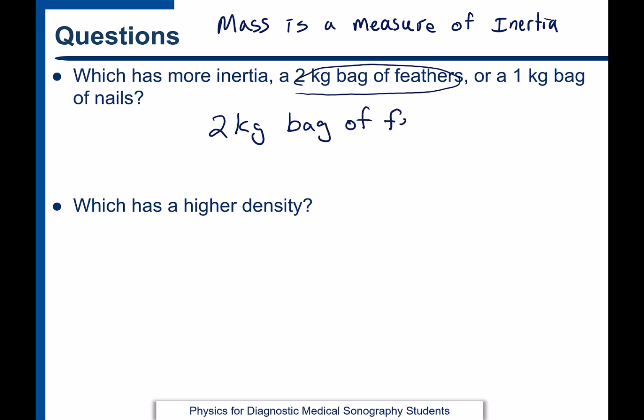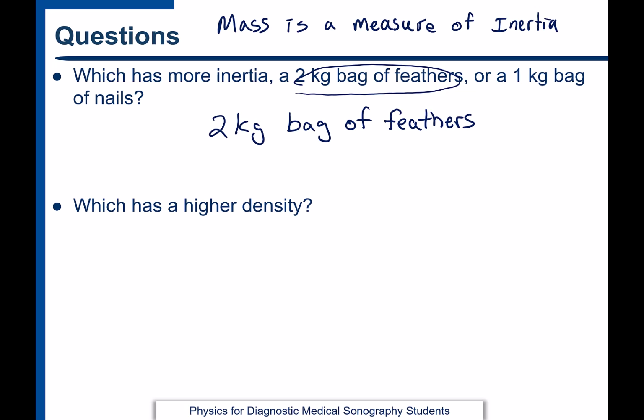Now, to get 2 kilograms of feathers, that's a lot of feathers. You'd need a really big bag, okay? Whereas a 1-kilogram bag of nails wouldn't have to be a very big bag. But if I've got 2 kilograms, that's more than 1 kilogram. So the 2-kilogram bag of feathers would have more inertia.